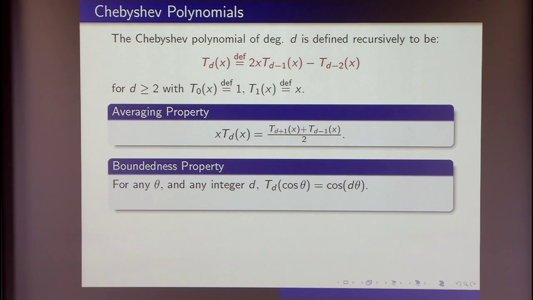Right? So the Chebyshev polynomial corresponds to 2x squared minus 1. In particular, this also implies a certain boundedness property of these Chebyshev polynomials, that they remain bounded in the interval minus 1, 1. This is important. This can be proved directly as well, but this is the cleanest way to see it.